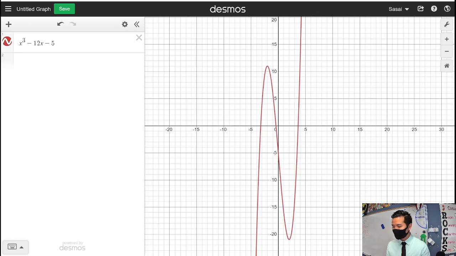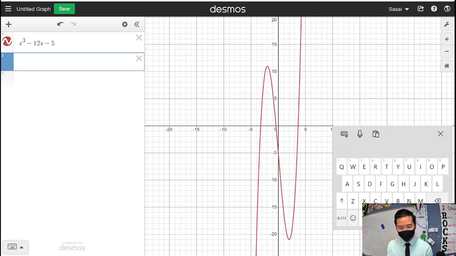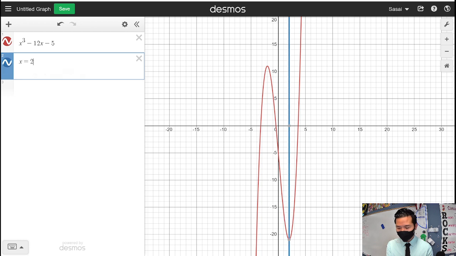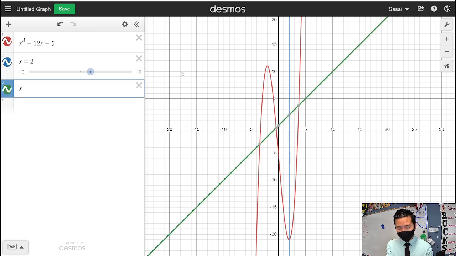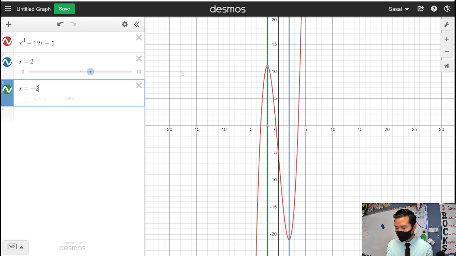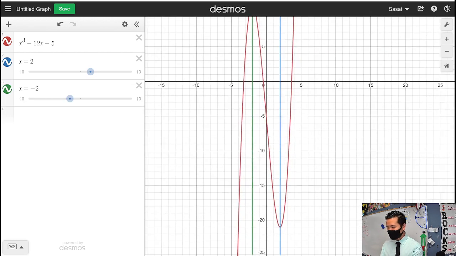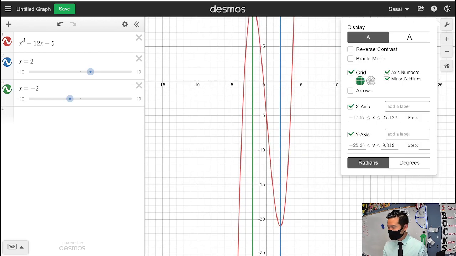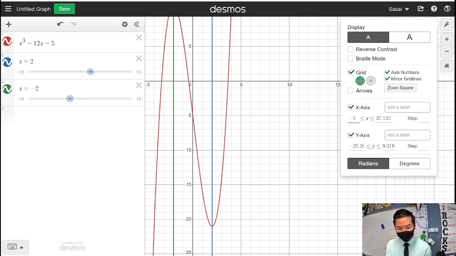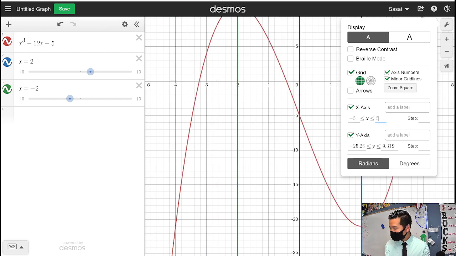So can you see it? Where were my critical points? X equals 2. X equals -2. Looking at those critical points, can you see it? Hold on, let me adjust this window. This is terrible. So it looks like the important numbers are going to be from -5 to 5, I'd say, right? And then the y values looks like it goes from -20.